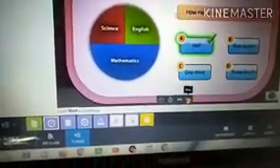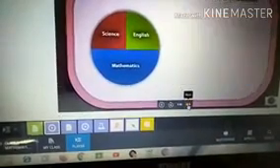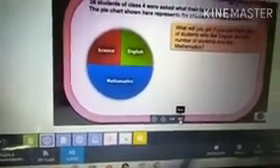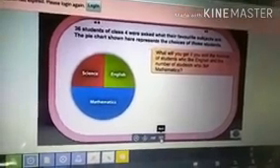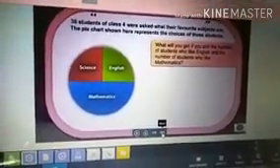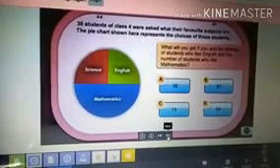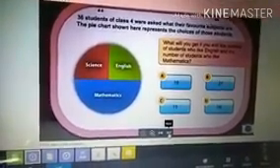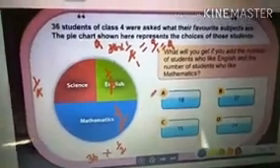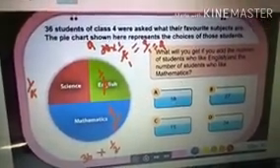The next question is: What will you get if you add the number of students who like English and the number of students who like mathematics? Pick the correct option. Children, can you understand the question?